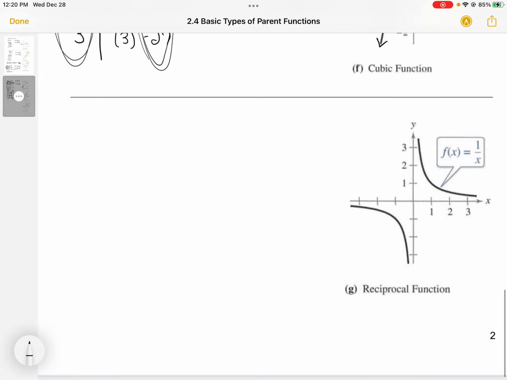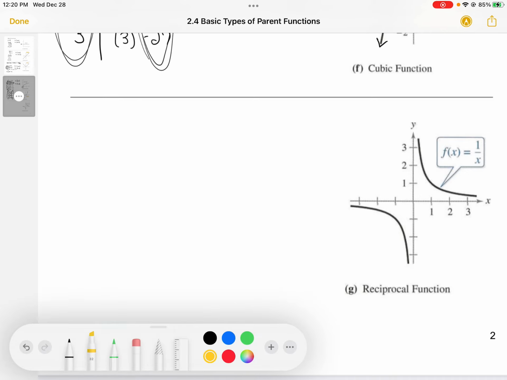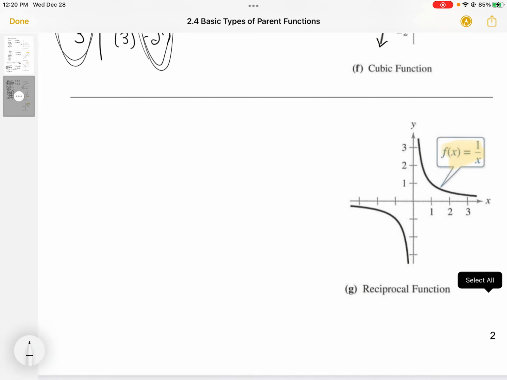And our last parent function that we're going to look at in this class is a reciprocal function. That's y equals 1 over x. So this is often called a rational function or a reciprocal function. I'm going to make a table of values here. This one is a little more complicated than the other ones.